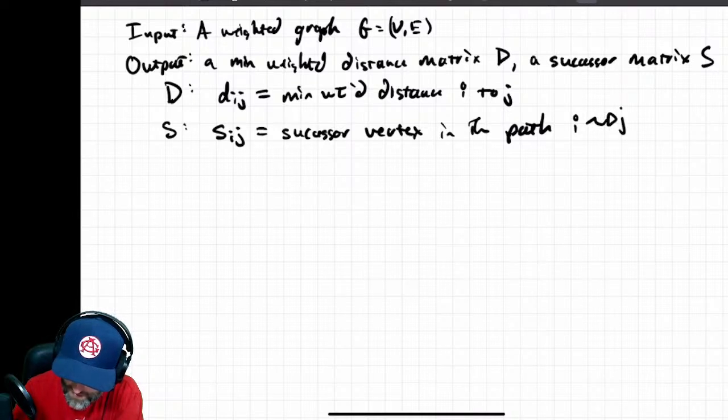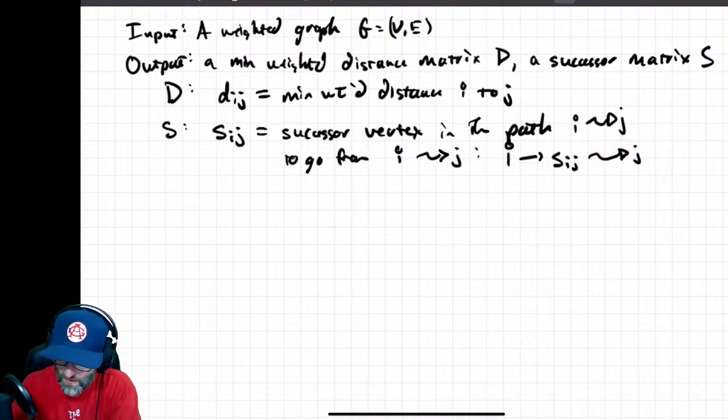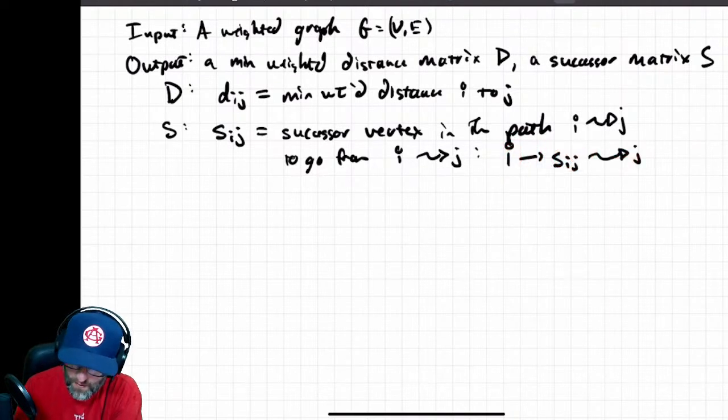In other words, to go from i to j, you do the following first. You go from i to the successor of ij, and then you go on to j. Now this might be an entirely other path. This is an edge here, and that's why I use that squiggly line, because now you have to ask, okay, fine, I go from i to this one, and then how do I get to j? These are just side notes, not part of the algorithm. I'm just telling you what these things are going to be.